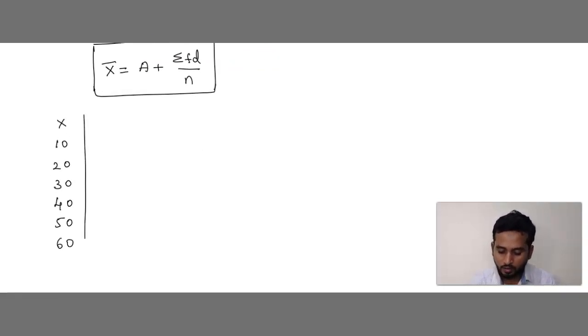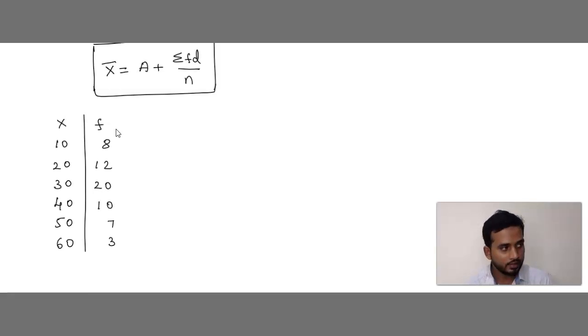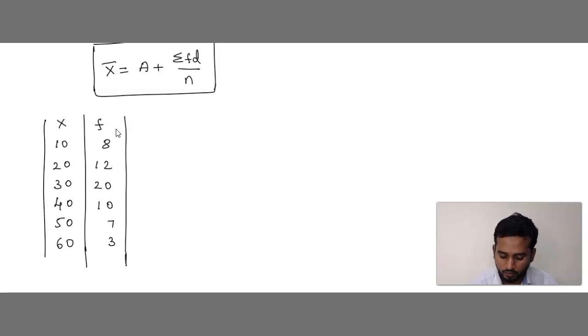And then the values of f, that is frequencies, are 8, 12, then 20, after that 10, and next 7 and then 3. So these are the values of frequency. Now after this, what do we have to do? Let's see. First we have to find A.